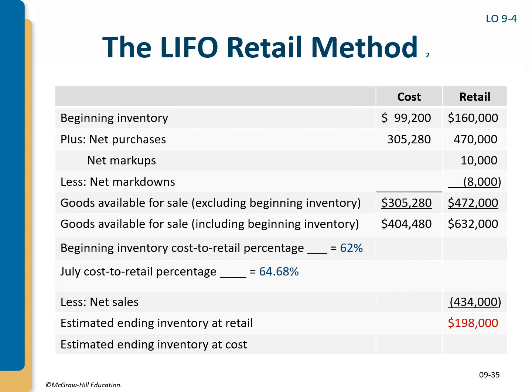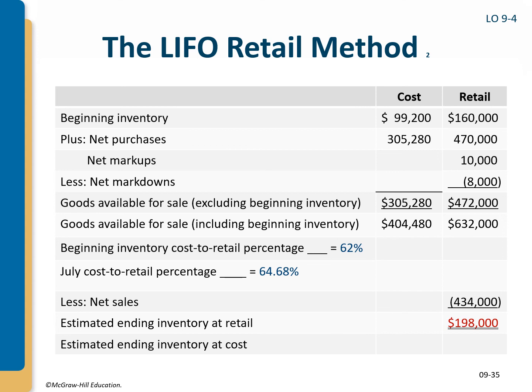So the cost of everything we could have sold, $404,480. Okay. What do we do with those numbers? Well, we don't do anything with the cost. Now we want to subtract the amount of sales from our retail value. So the estimated ending inventory at retail is $198,000.